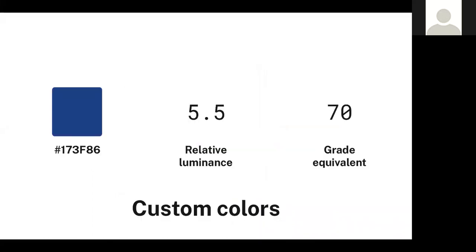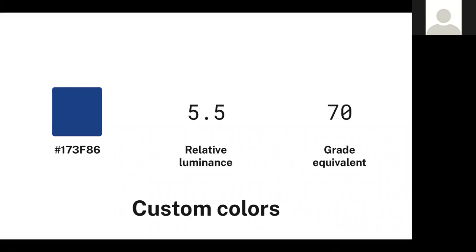Now, what this also allows is something interesting. As of just a couple of releases ago, you can now add custom hex values into your theme and state colors. Because we know that teams occasionally need to use colors that aren't design system color tokens, but they're interested in knowing what grade this custom color is.